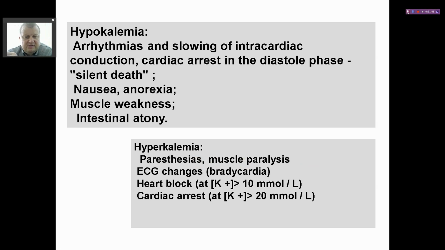Heart block could be observed at a potassium concentration of more than 10 millimoles per liter, and cardiac arrest if the potassium concentration is more than 20 millimoles per liter.